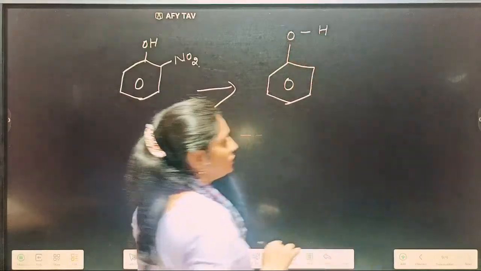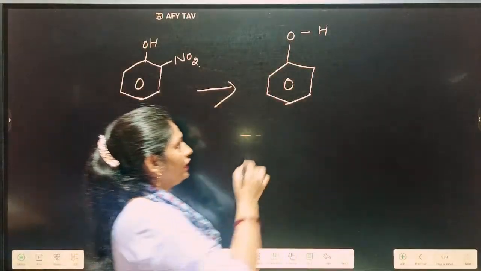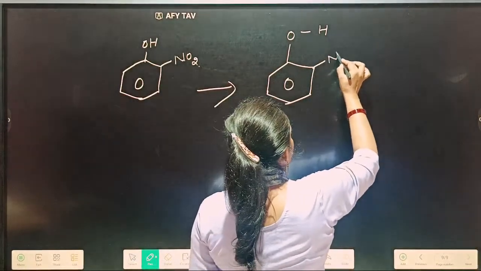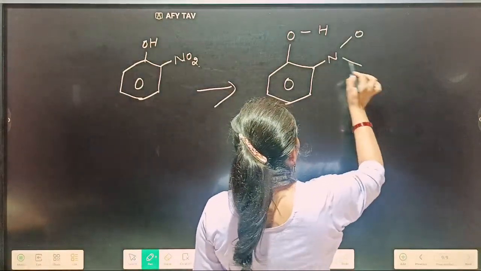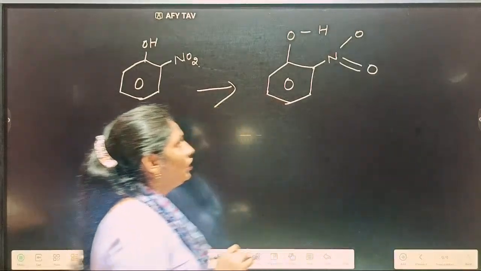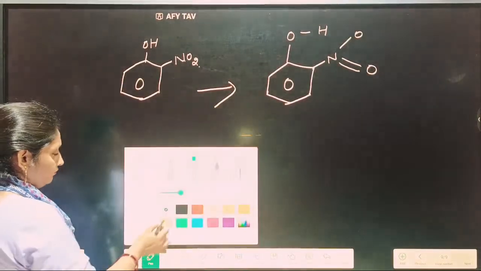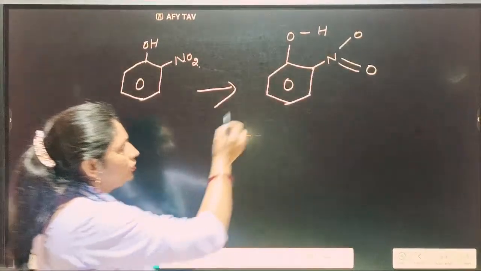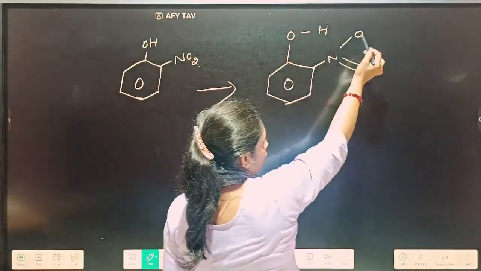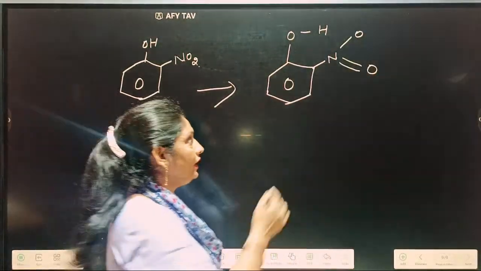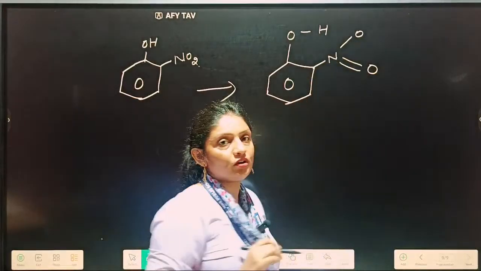The bond between O and H is here. And students, I can write the nitro group in open form this way. You can see here the electronegative element oxygen is present as well as hydrogen in the same compound.